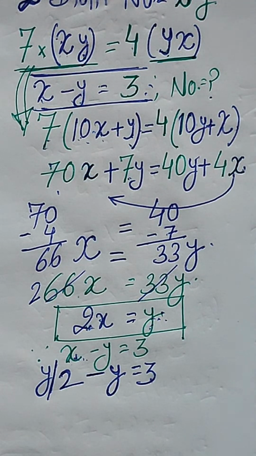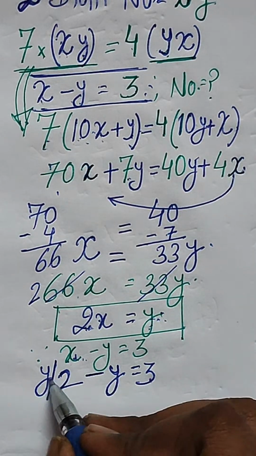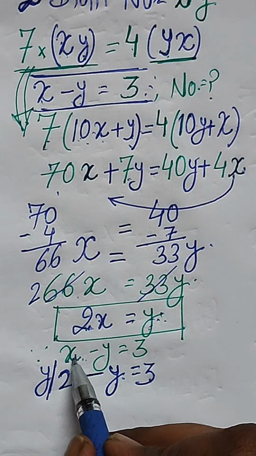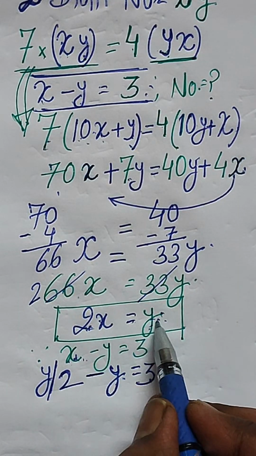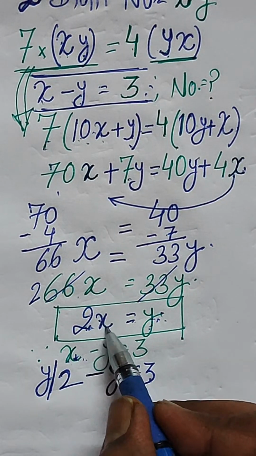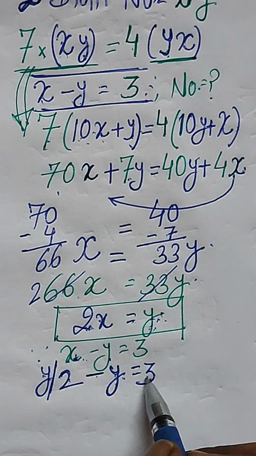Since 2x was equal to y, we substitute the value of x as y by 2. So y by 2 minus y equal to 3.